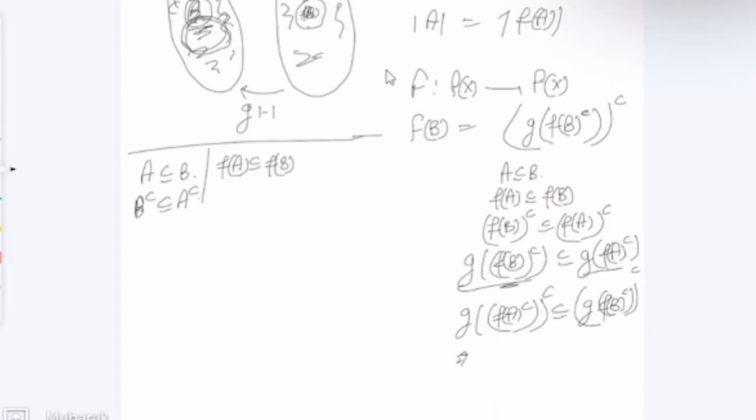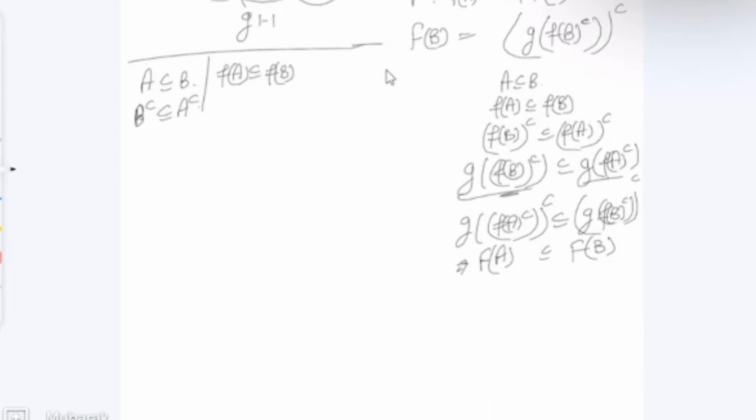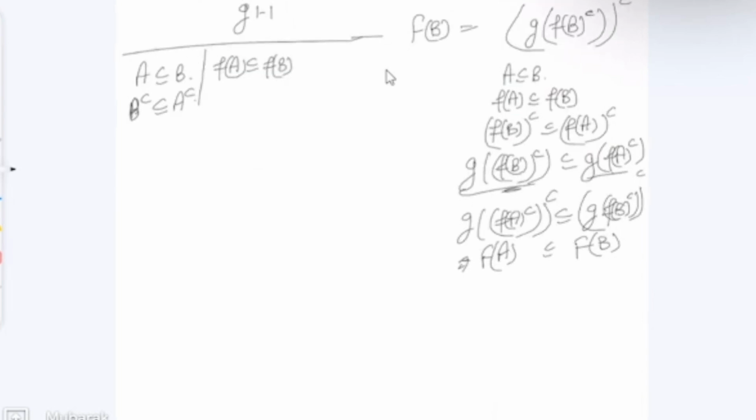What is this? This is f of a, and this is f of b. So here we'll get, when a is contained in b, f of a will be contained in f of b. So that means the map we have defined, f, is an increasing map.